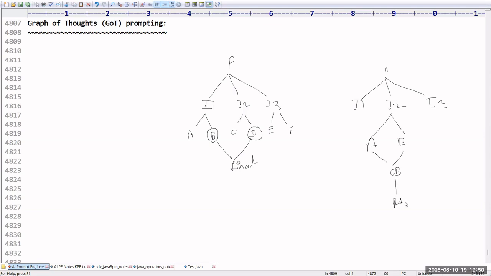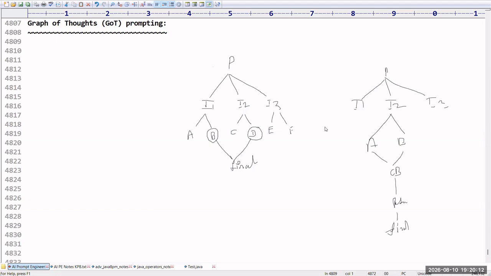You can do some refinement on this and you are going to get the final answer. Sir, here we choose the best, but here what are we going to do? From that, we are going to get some idea, and based on that we are going to take the decision. That is nothing but the simple logic we have in GOT.